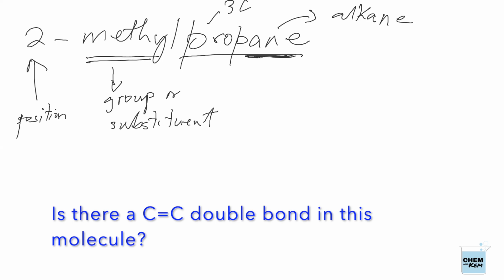The functional group is just a bunch of carbons singly bonded to hydrogen or carbon singly bonded to carbon. So there isn't a functional group. If we're talking about an alkene, then we would have our carbon-carbon double bond. Or if we're talking about an alcohol, we would have the OH group, etc.